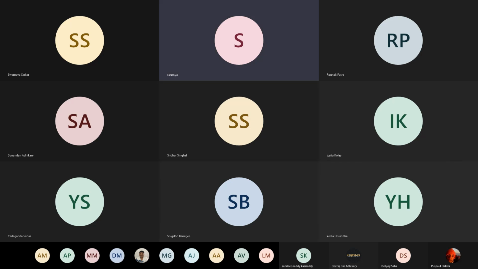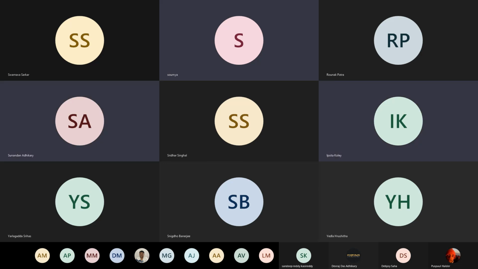Ipshita, we have to include all of them in Moodle, right? Or they have to create a login. What is the complexity there? They have to create an account, and we have given them the code in the announcement channel. They have to join with that code.